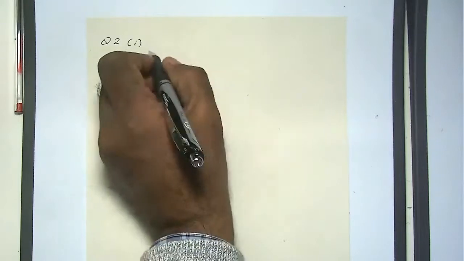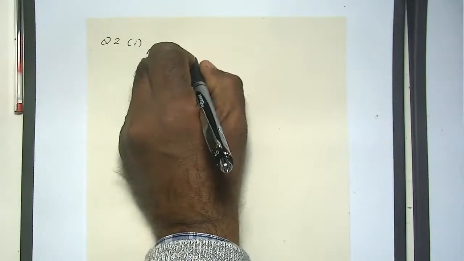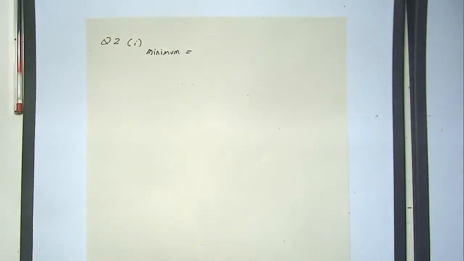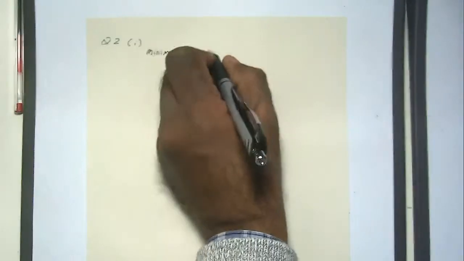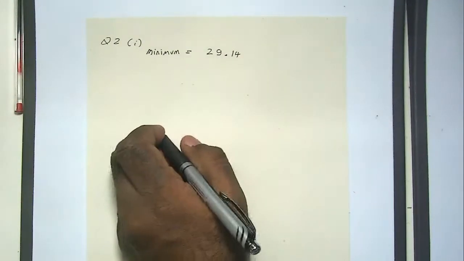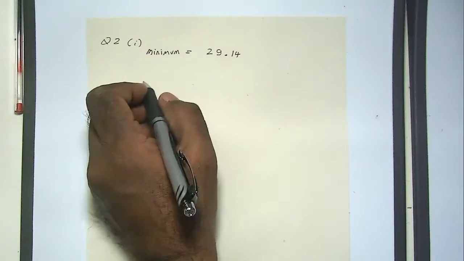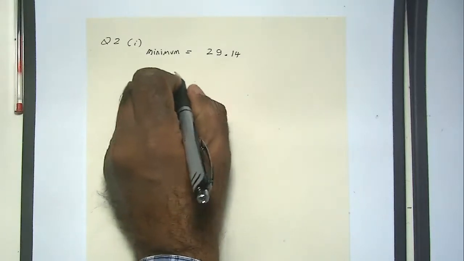The minimum is just the smallest data point, which is 29.14. And then the first quartile, which you want, is Q 0.25.